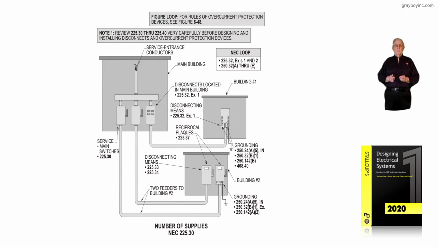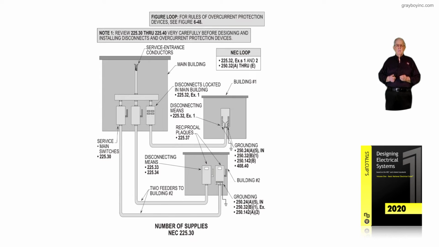And notice 225.37 says if you have more than one feeder feeding the building, then we would have plaques identifying each one of those feeders, so we would know that we have 2 feeders supplying the equipment in that building.